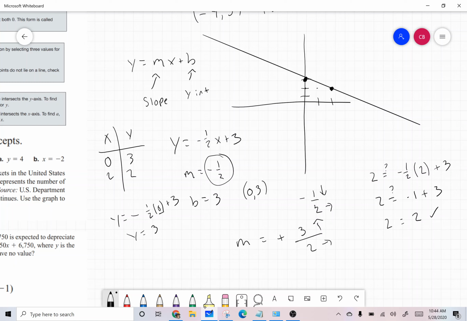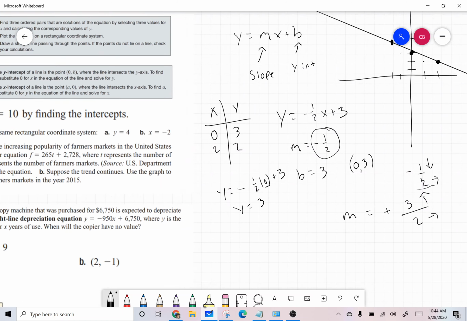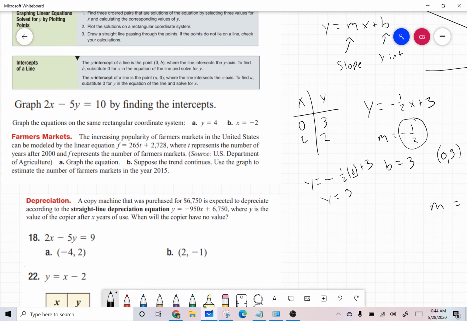We have negative 1 over 2, so I went down 1 and 2 right. Well, if I want to go to the left 2, I'm inverting this, then I need to go up 1. So if I go left 2 and up 1, that's right here. And you can see that the point negative 2, 4 will be a point on this graph as well. So that's just some standard stuff. That's one way of graphing, is to use the b and use the m.